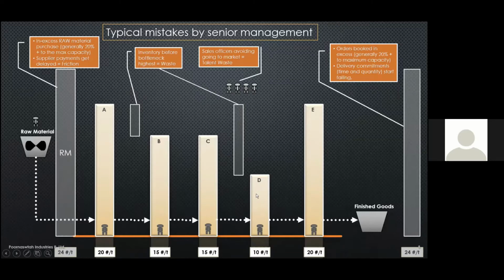I am not able to go and face him and get the money from him because his order is locked. And till the time we don't supply him the material, he will not pay us and give us a fresh order. So this person is under pressure. And here is talent wasted. Senior management is always scolding these people, why are you not going to the market? But okay, that's the typical problem which occurs in any organization.